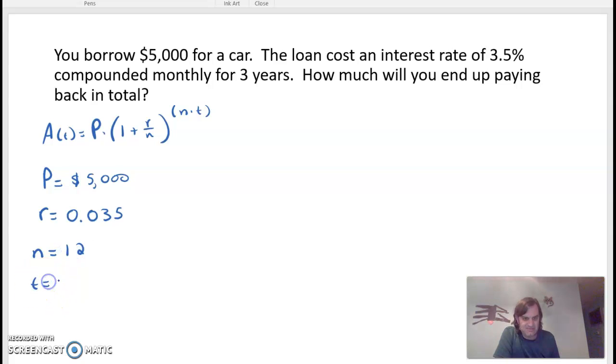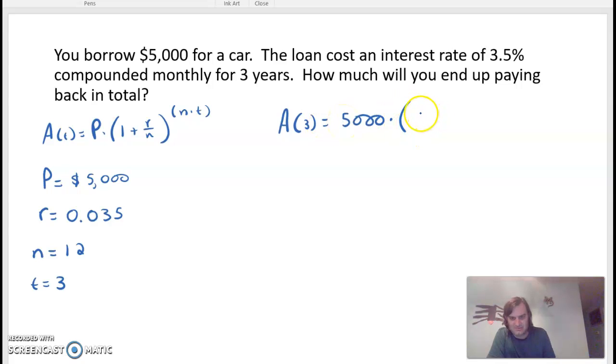And t is the number of years, so that is 3. So plug all that in. We got A of 3 for the number of years equals 5,000 times 1 plus 0.035 over 12, all raised to the 12 times 3.